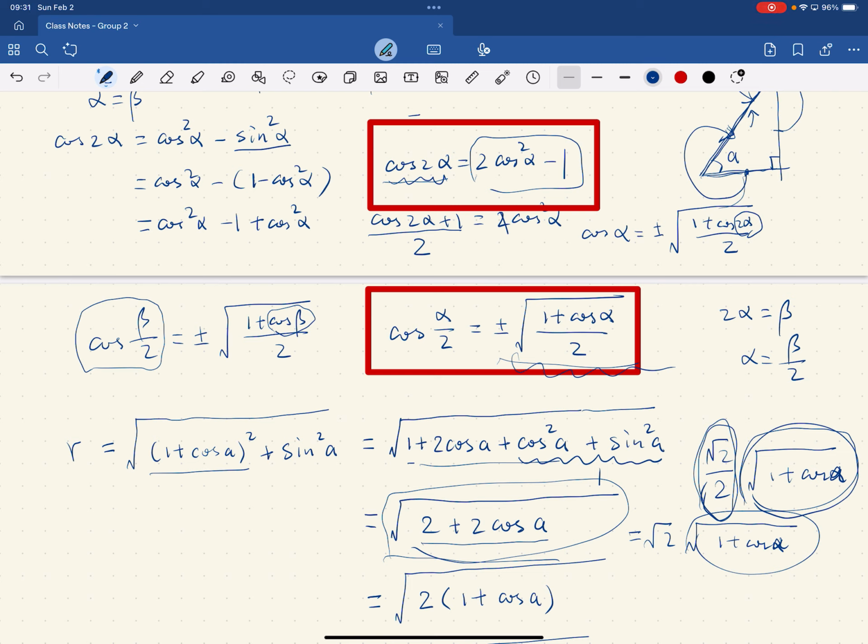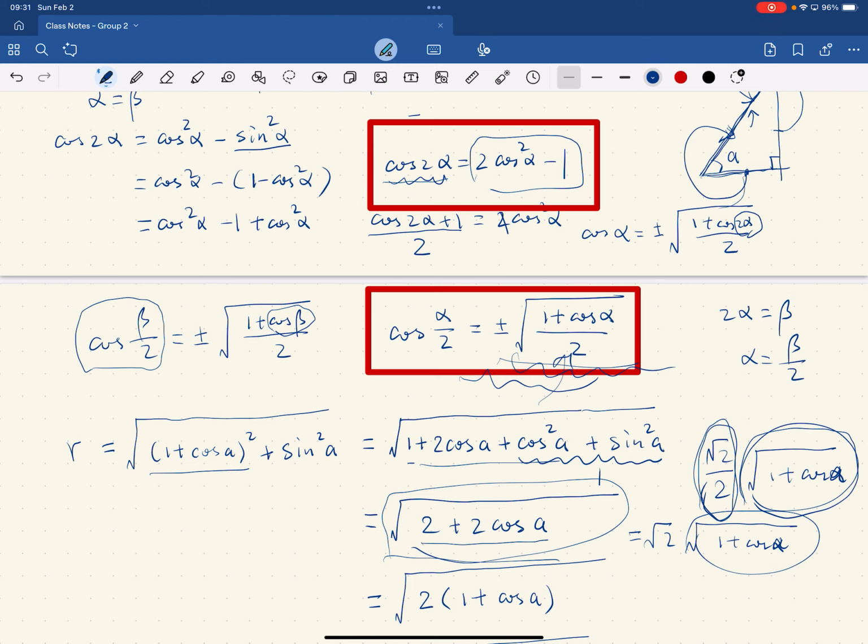Math is also sometimes like a language. If you're not very familiar with it, you can't think of this. It's not there, right? That's probably one of the main challenges when we deal with math. But once you get familiar with that, then you feel happy about it: oh, I solved this problem.